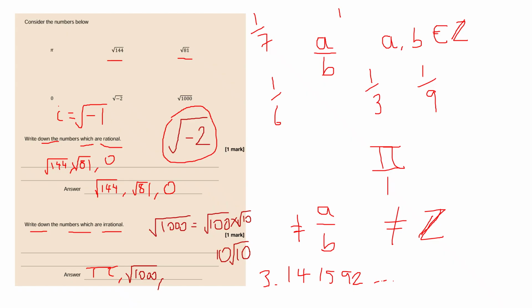But the square root of -2 here is neither rational nor irrational because I can't even get an answer out of it. If I type it into my calculator, I'll get math error, rightly so. Because I can't think of a number that multiplies by itself to give -2.